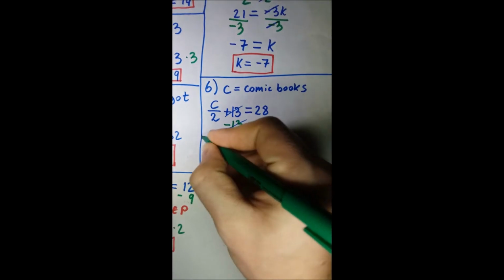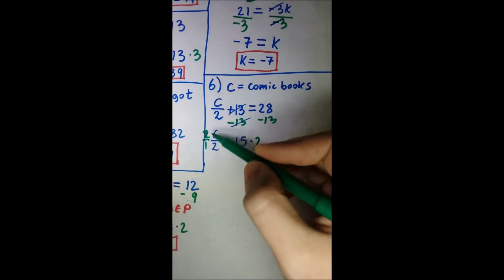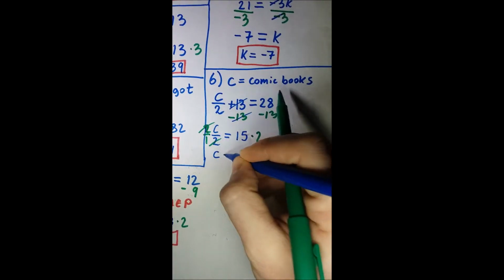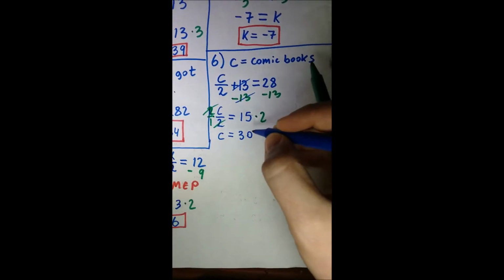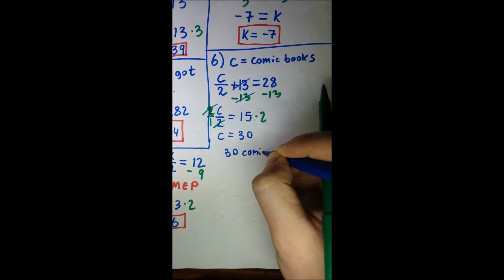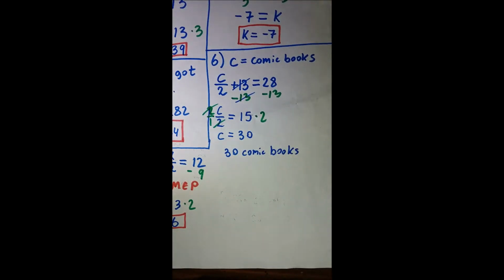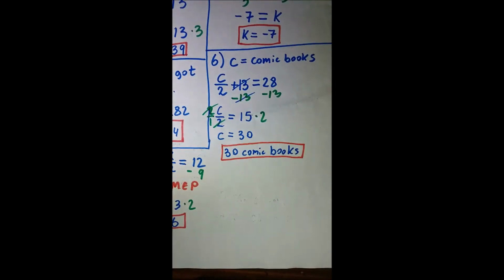In our case, again, denominator is 2 over 1. So multiply this by 2. 2's are gone. So on the left, we see C equals 15 times 2 is 30. And as an answer, you're going to put 30 comic books. That's the answer.